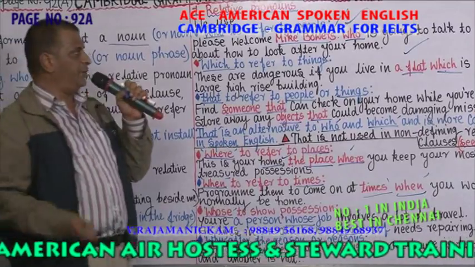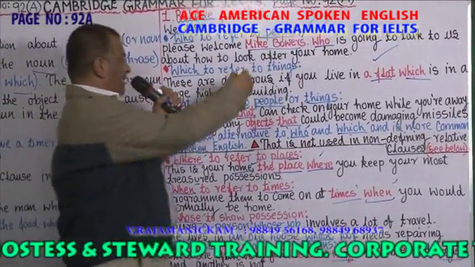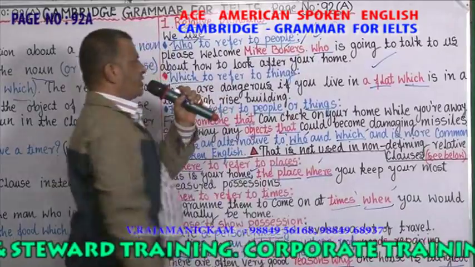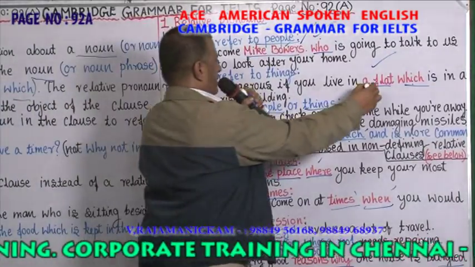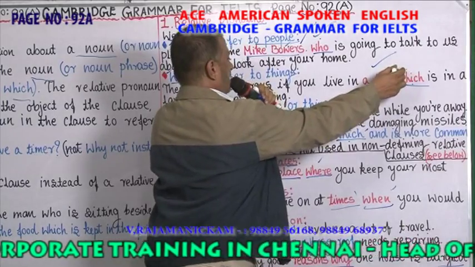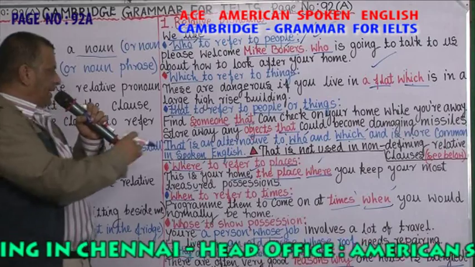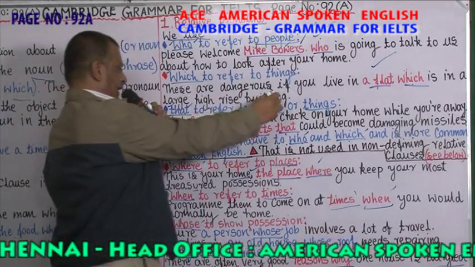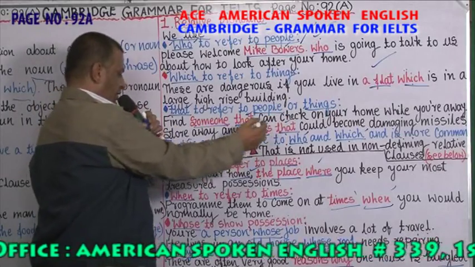Then, in between the sentence, we use who to refer to people. Here, Mike Bowers, you are mentioning with who. Which here is used for the flat. Then that is used for people or things. Someone, that stands for someone. Here that stands for objects.